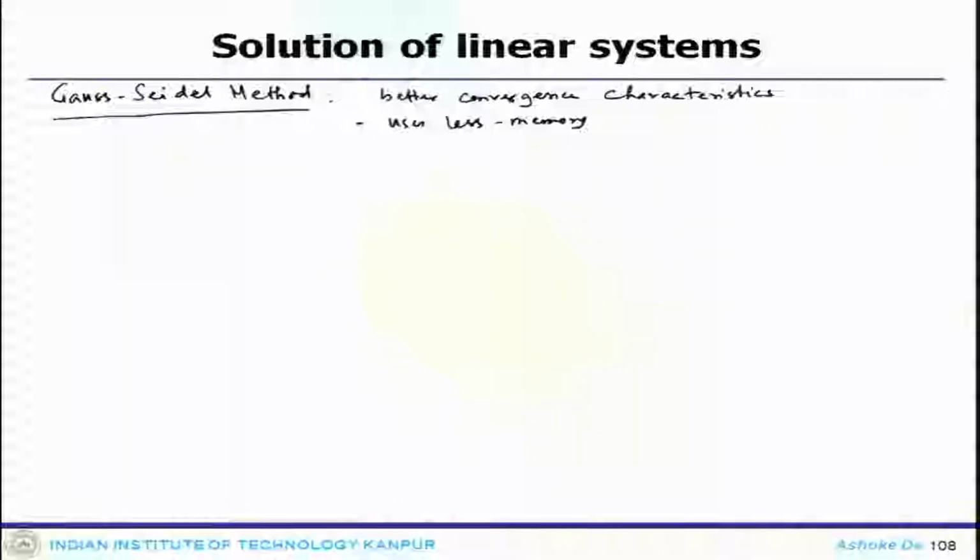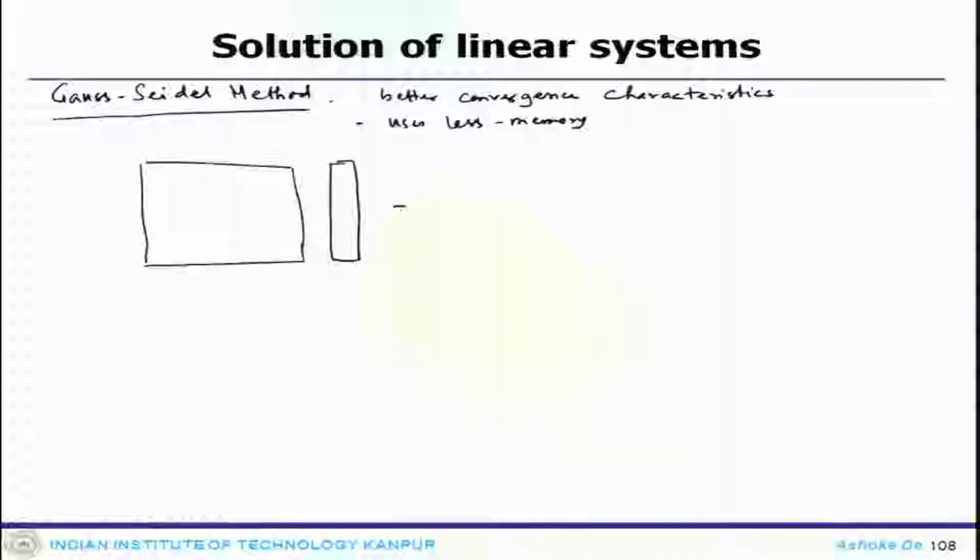And if you see how things are done, this is the box you have, you are trying to find out at this level, then this minus this.